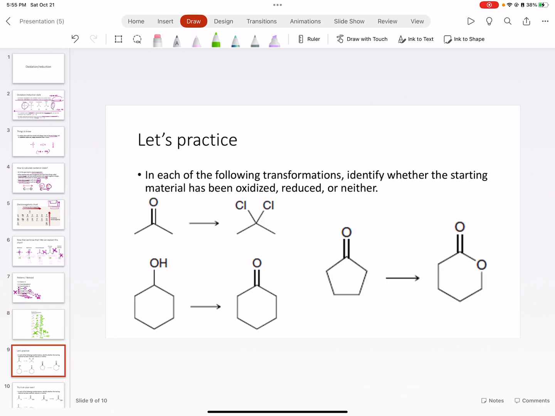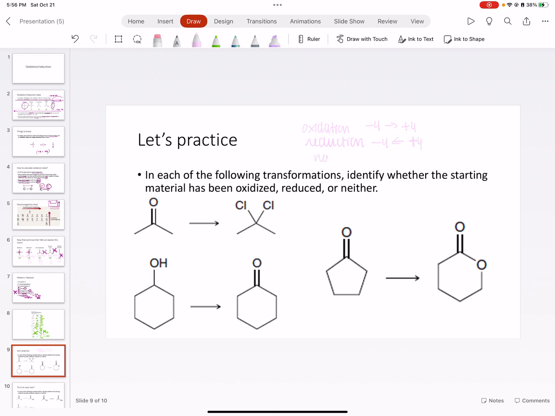Okay, so now we can practice a little bit. Just a reminder, oxidation is when we're going from -4 to +4. Reduction is when we go the opposite way, from +4 to -4.